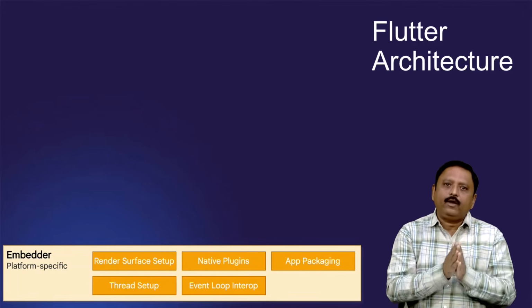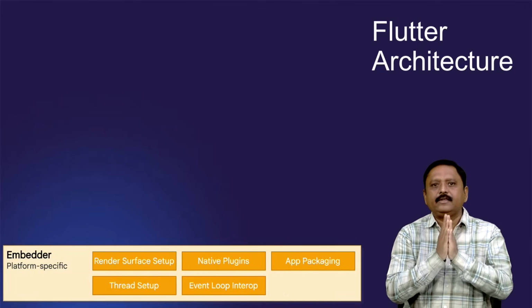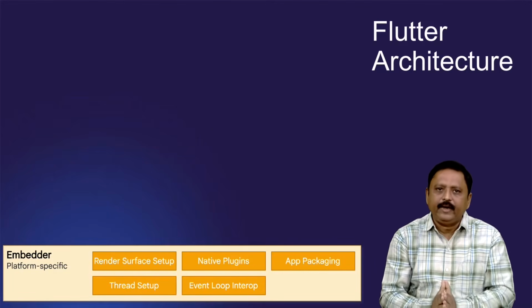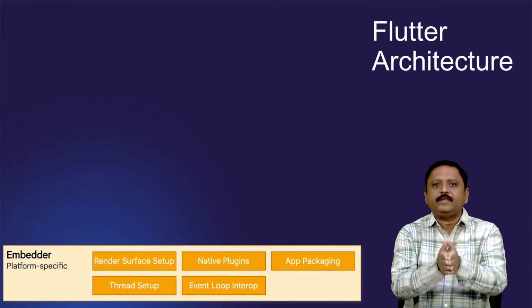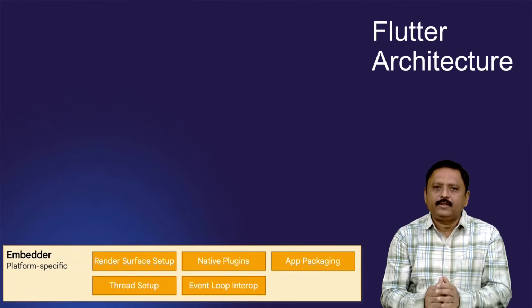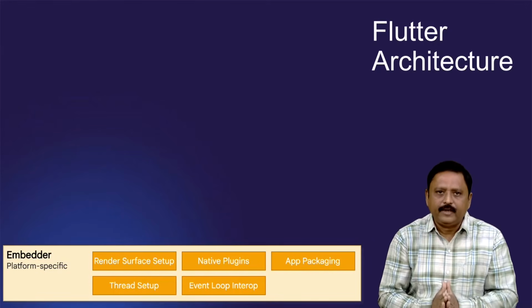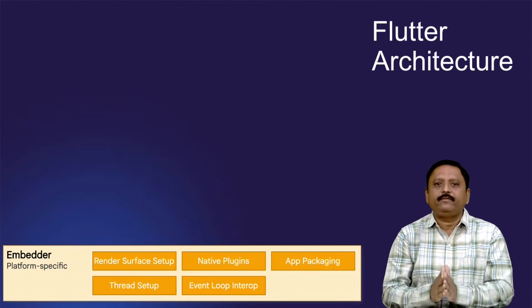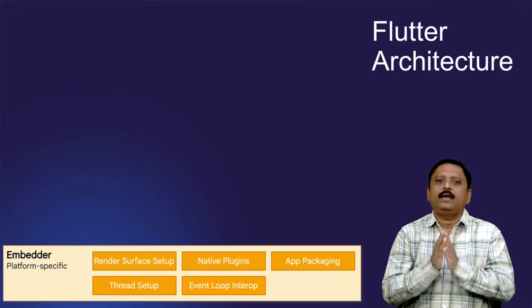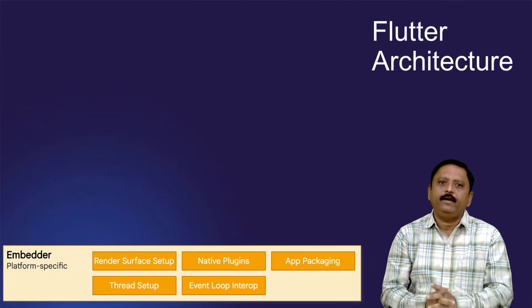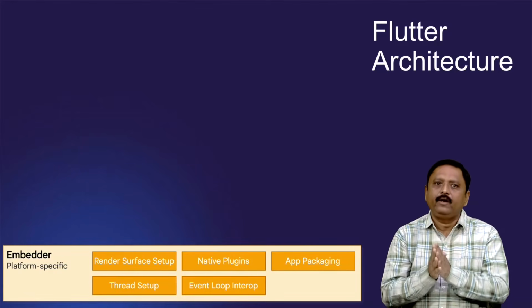To the underlying operating system, Flutter applications are packaged in the same way as any other native application. A platform specific embedder, which you can see on the screen, provides an entry point, coordinates with the underlying operating system for access to services like rendering, accessibility, and input, and manages the message event loop.